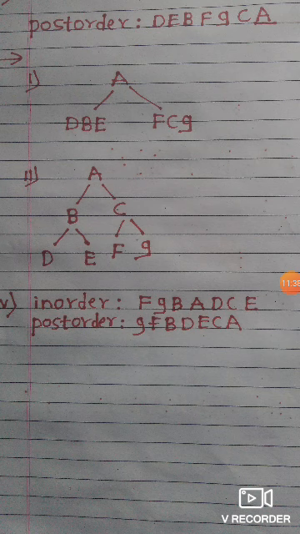Sometimes what happens is that we are given only one sequence, a pre-order traversal or a post-order traversal, and we are asked to draw a binary tree. As we know the concept of a binary search tree, in a binary search tree the key value which is situated at the left hand side of the root node is less than that of the root node, and the key value which is situated at the right hand side of the root node is greater than that of the root node.